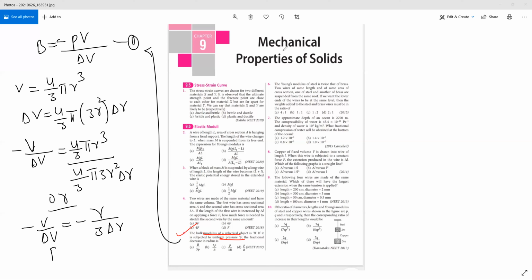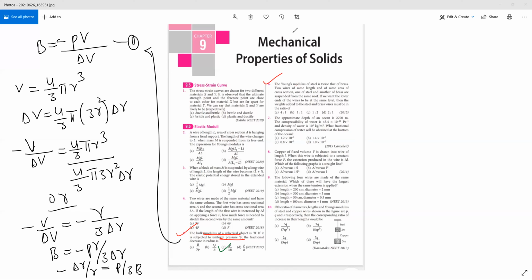So we are getting bulk modulus is equal to minus PR divided by 3 times of delta R. So therefore fractional decrease in radius is given by minus of delta R divided by R is equal to P divided by 3 into B. So therefore for the fifth one, option C1 is the right answer.